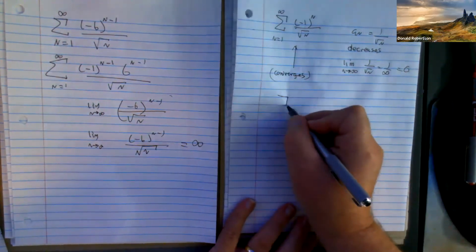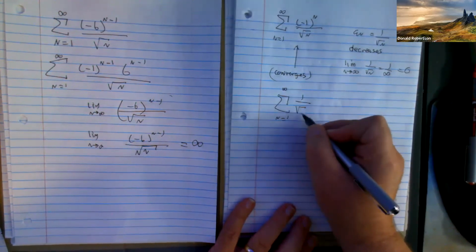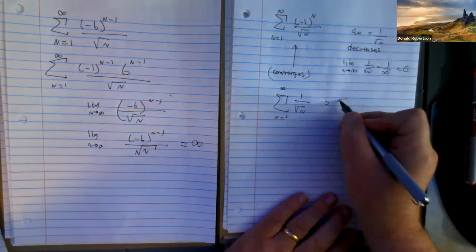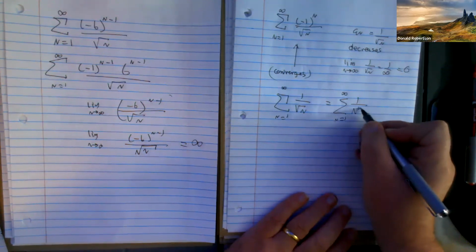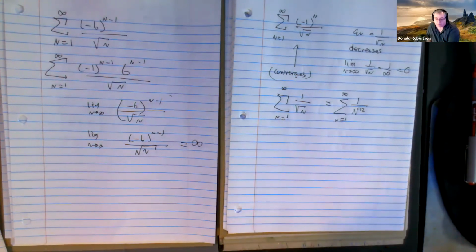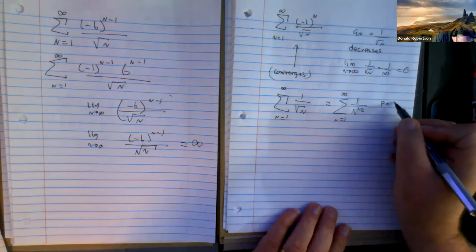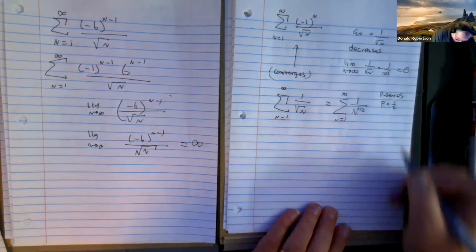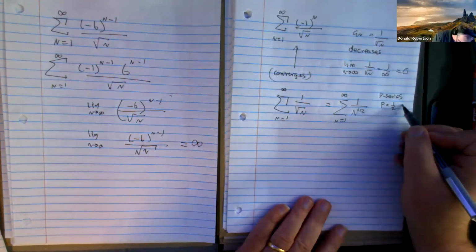Now, if you make everybody positive, you now have that guy. If I rewrite this as the sum from n equals 1 to infinity of 1 over n to the power of half, do you see a p series? The p series has p equals a half. What do you get if p is a half, which is, in this case, less than 1?